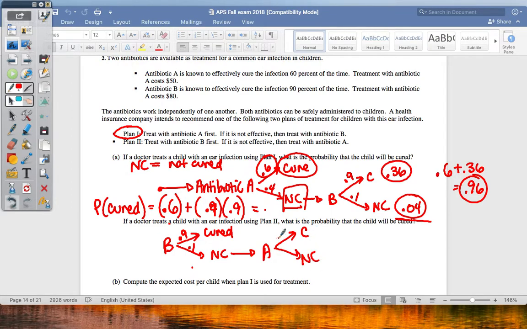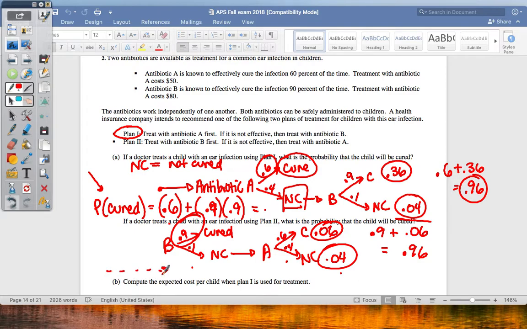Okay, so cured would be 0.6 and not cured would be 0.4. Multiply this to get 0.06 and 0.04. And so, again, doing the same thing would be 0.96, because 0.9 plus 0.06 equals 0.96. But again, still put the context down below here, okay?